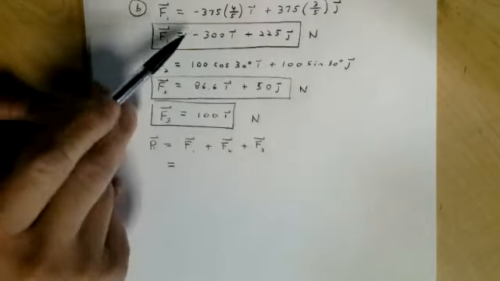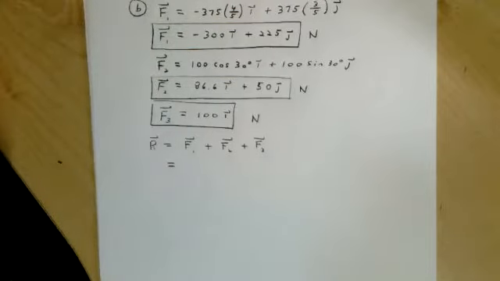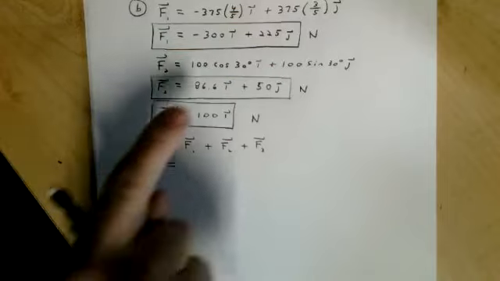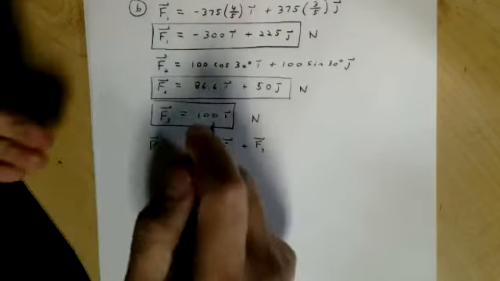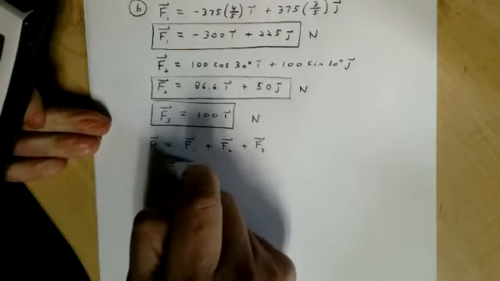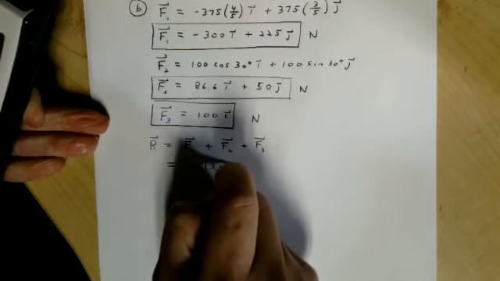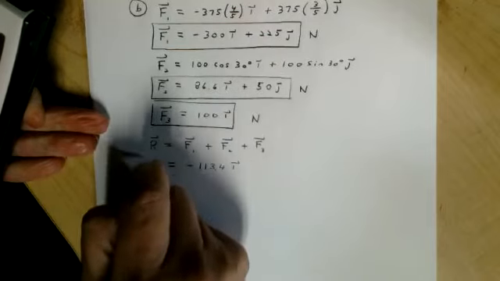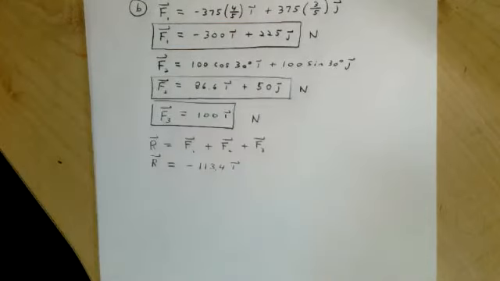So the sum of the x components, which is minus 300 plus 86.6 plus 100. Then the sum of the y components.